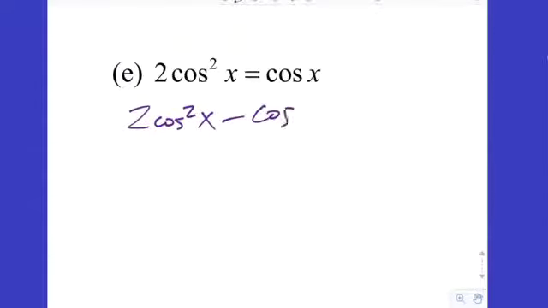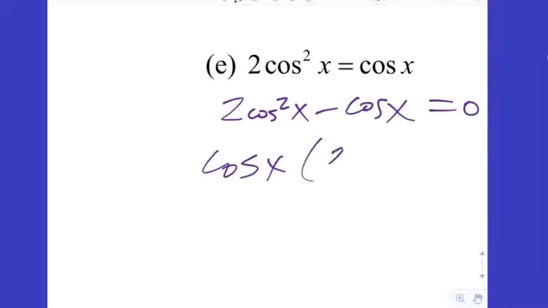So instead we'll bring it across, set it equal to 0, and now do what? Factor out a cosine. Had it been sine squared and cosine, we would have done the same little trick with the Pythagorean identity, but they're already in terms of cosine. So we factor out one of the cosines, and we're left with 2 cosine of x minus 1.